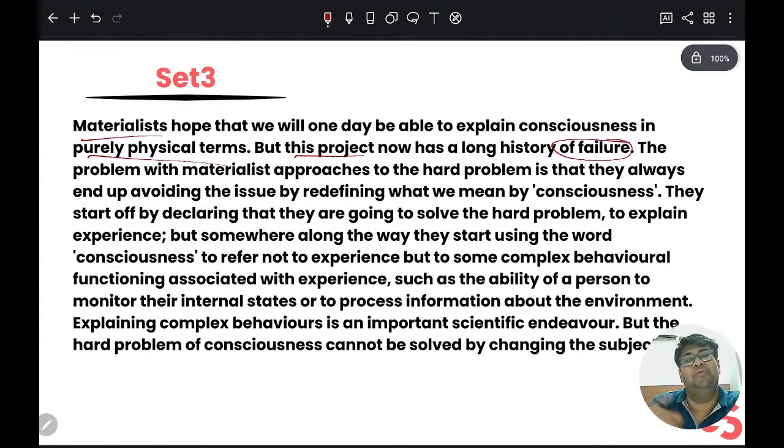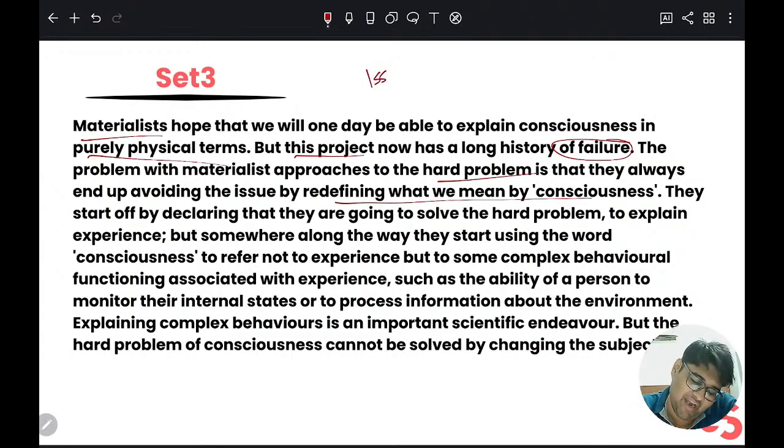We cannot prove it based on empirical evidence. The problem with their approach to the hard problem is that they always end up avoiding the issue by redefining what we mean by consciousness.